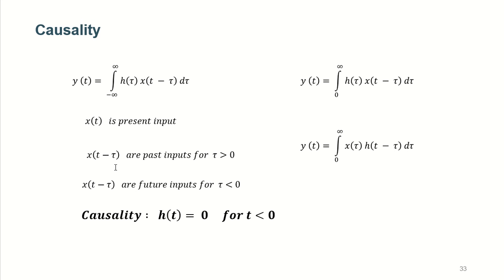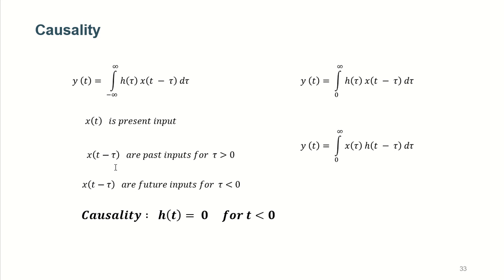In the same way, what will happen for negative values of tau? Let's consider tau equal to -1. What will be the value of x of t minus tau? We already had a negative sign ahead of tau, so negative into negative becomes positive, and we will have x of t plus 1.